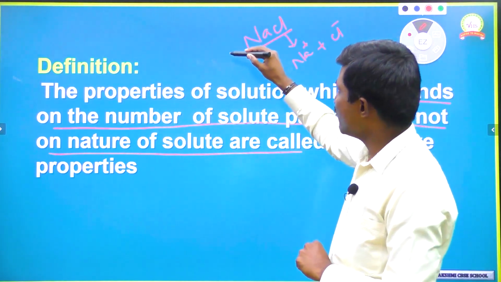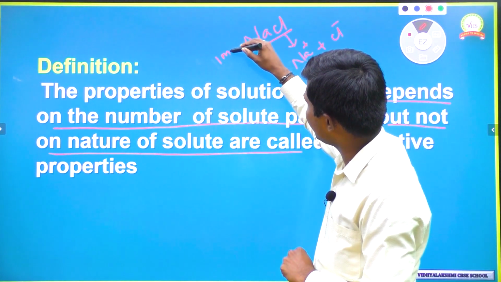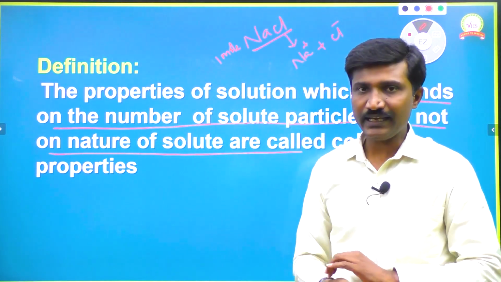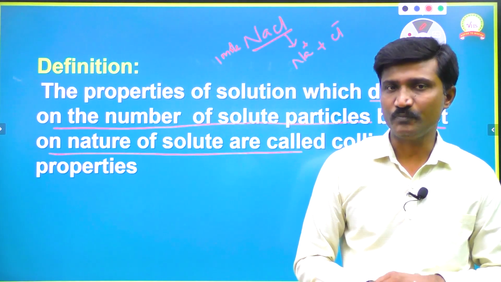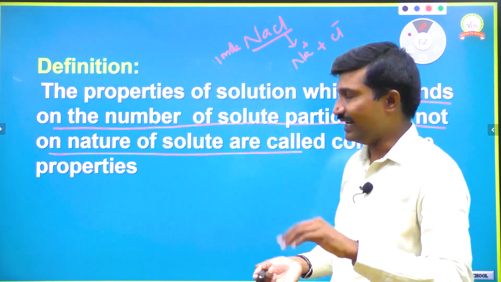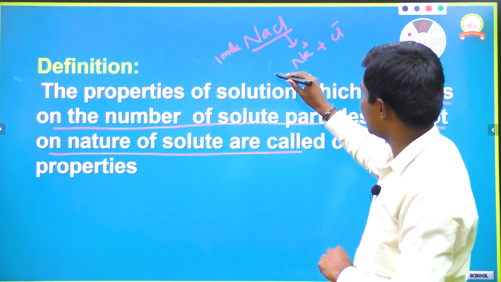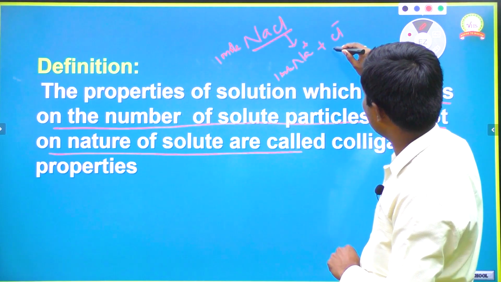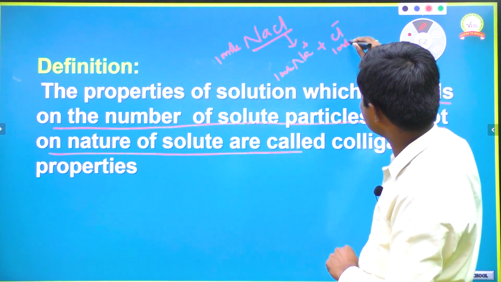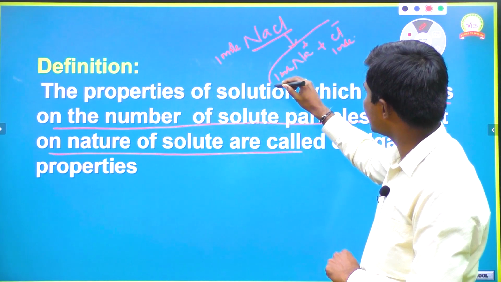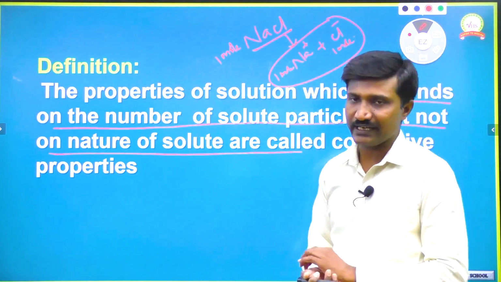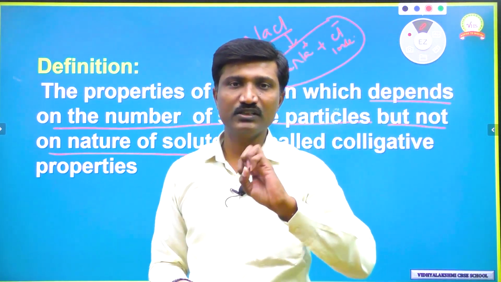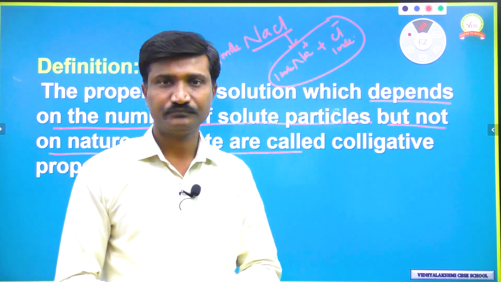Let us take 1 mole of NaCl dissolved in water to prepare a salt solution. That 1 mole of NaCl gives 1 mole of Na plus ions and 1 mole of Cl minus ions, so after dissolving in water, NaCl gives 2 moles of ions.